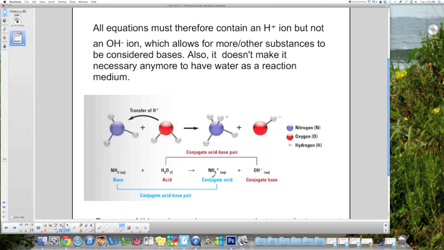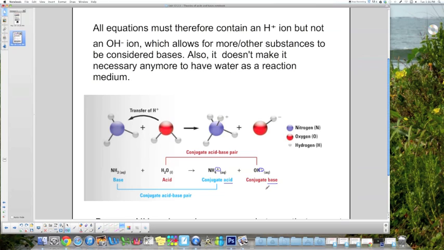Now, if we look at the products, we could have a reverse reaction whereby this one over here has an extra H plus. Because it has an extra H plus, it would be able to give off an H plus, making it an acid. And this one over here, being negative, would be able to accept an H plus, making it a base.